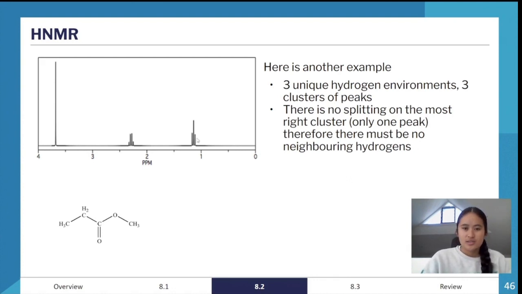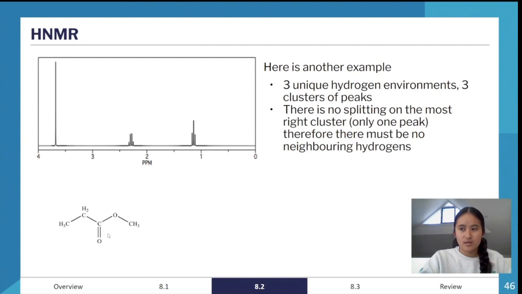So there's no splitting, which means no neighboring hydrogens. If we look at what the molecule is, which one has no neighboring hydrogen environments? Well, this one here has a neighboring hydrogen environment, which is this guy. And this guy has a neighboring hydrogen environment, which is this guy.